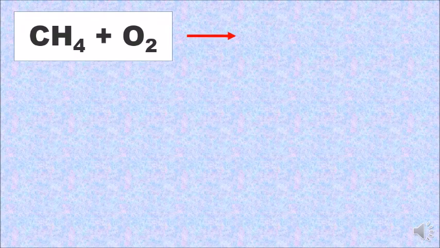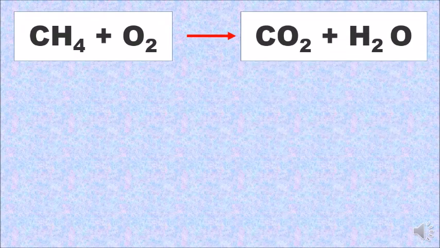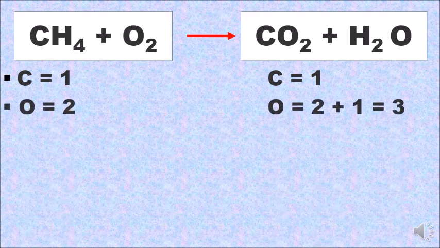Now let's count the atoms on the reactant side and the product side. In this reaction, as we can see, the number of carbon atoms is equal, which is 1. But the number of oxygen atoms on the reactant side is 2, while that on the product side is 3. How? 2 oxygens come from carbon dioxide and 1 from water.